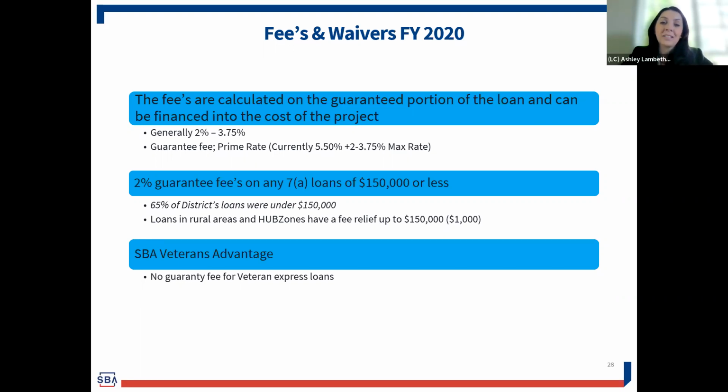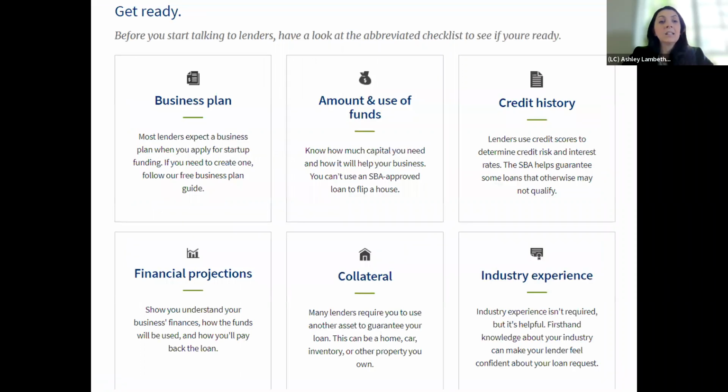So those are listed there as well. And you'll see there's different ones for different loans going through here. There's also, if you happen to be a veteran as of March 2020, there's no guarantee fee for veterans on Veteran Express loans, just in case that applies to anybody in here.